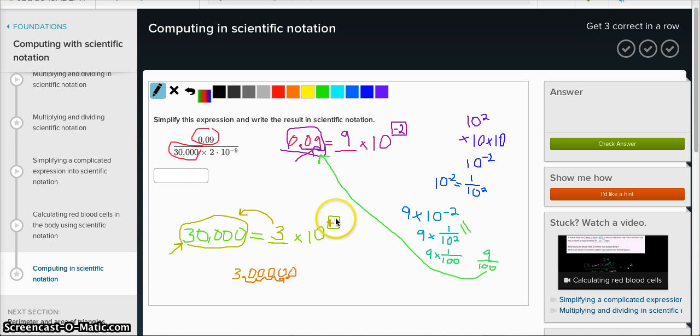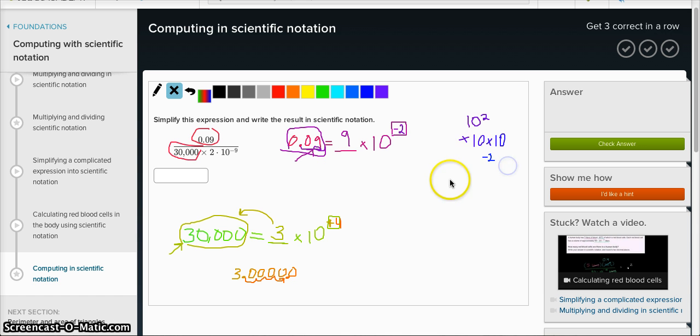So this is the 4th power. So now we have this new problem here. I'm just going to replace the numbers by putting in the values we calculated that are equivalent.